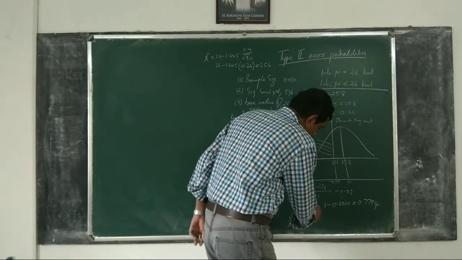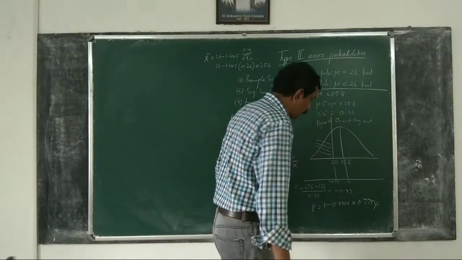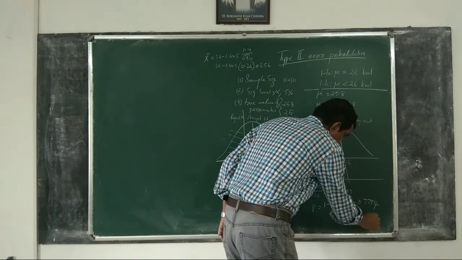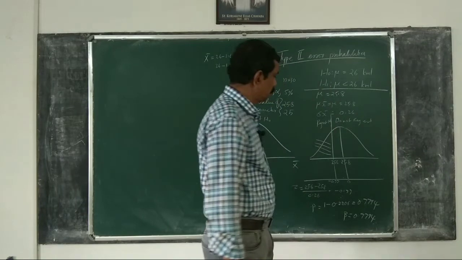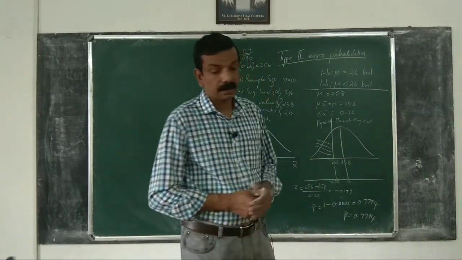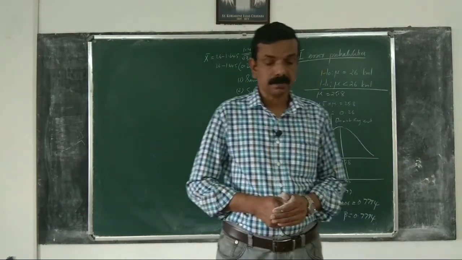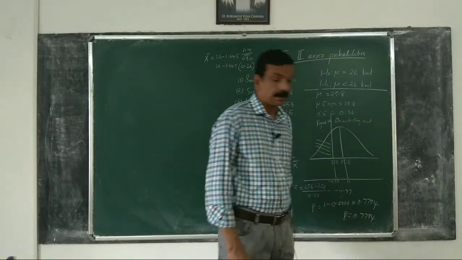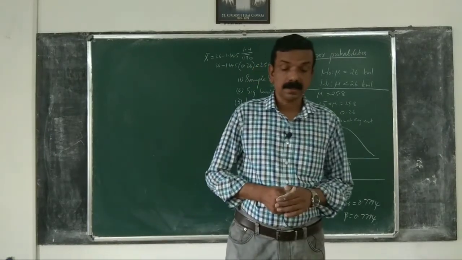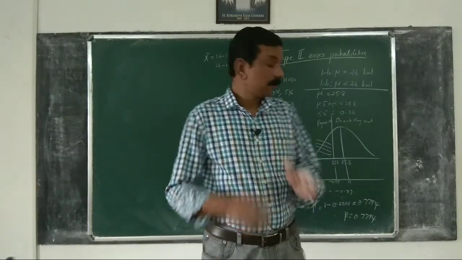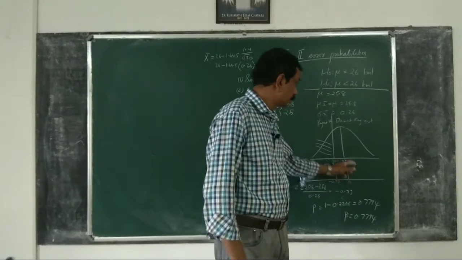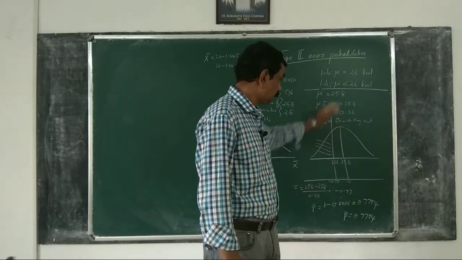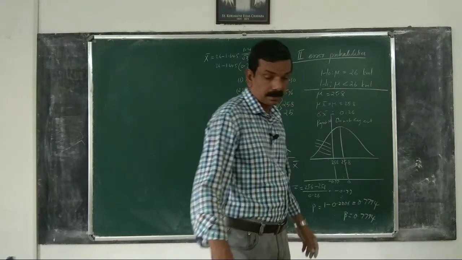So, beta is equal to 0.7794. Beta, the probability of type 2 error, is 0.7794. So, there is a 78% probability that we fail to reject H0 when the true mean is 25.8. We fail to reject H0, mu is equal to 26, when the true mean is 25.8.